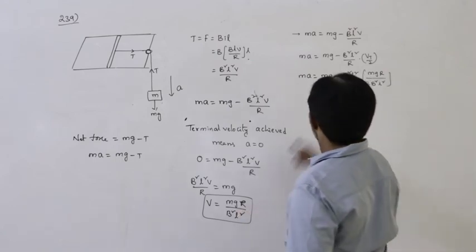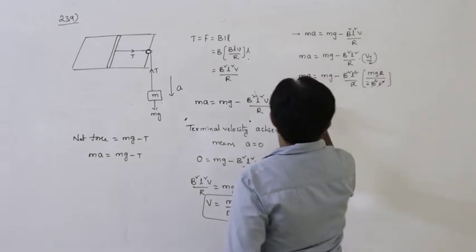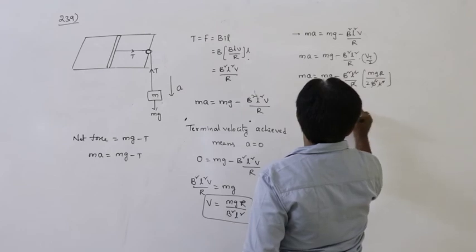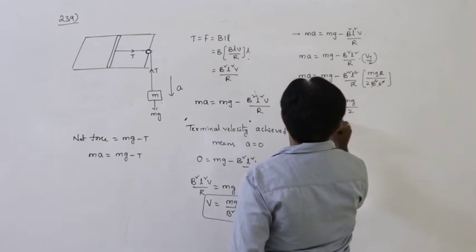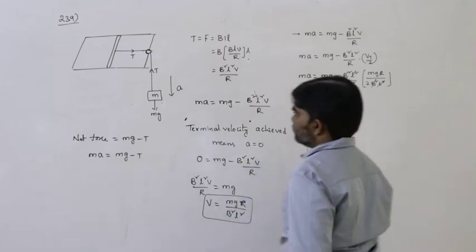B square L square cancel, R cancels. So MA is equal to mg minus mg by 2, therefore MA is equal to mg by 2. So acceleration is equal to g by 2.